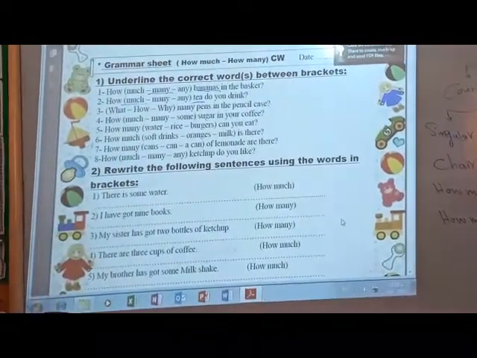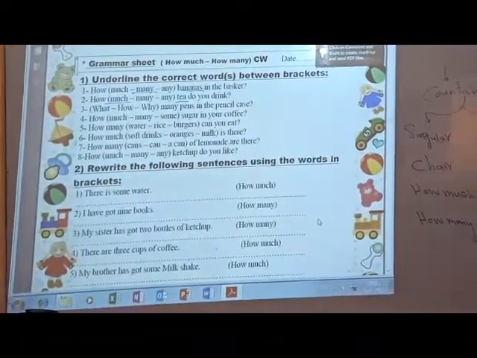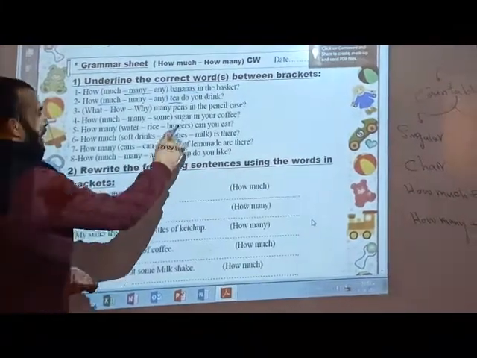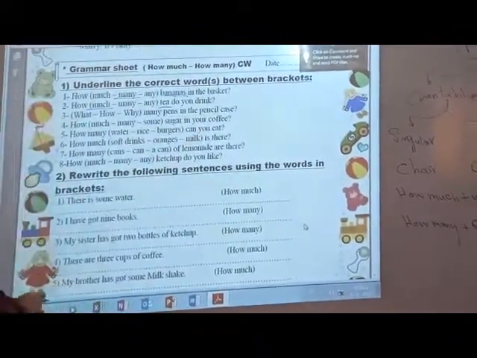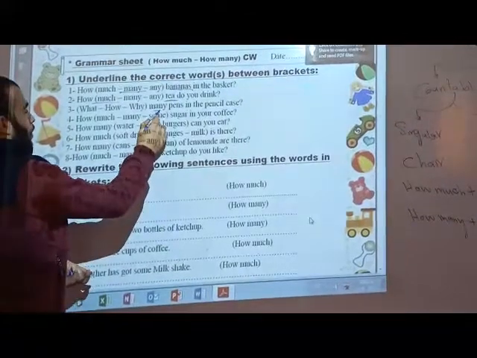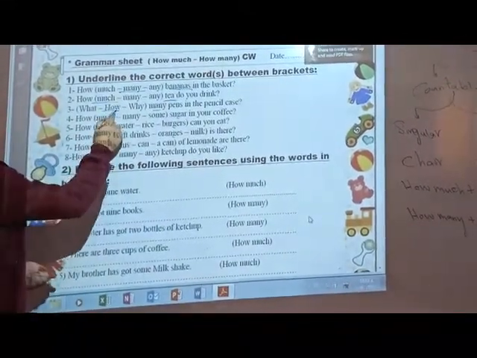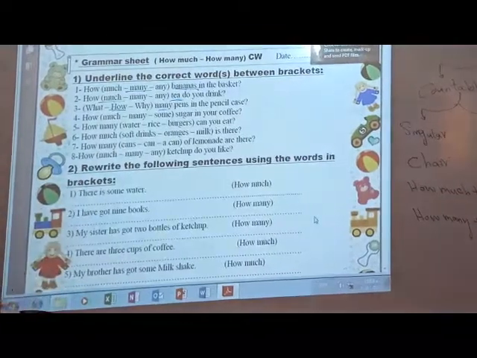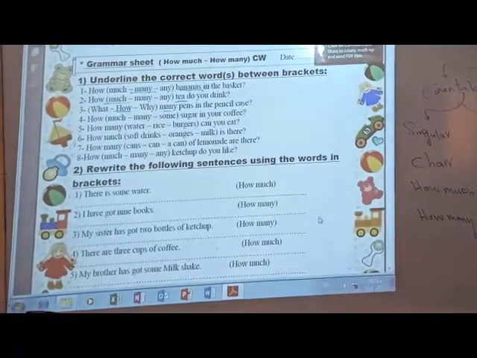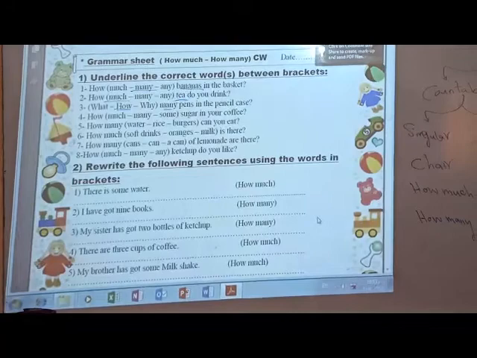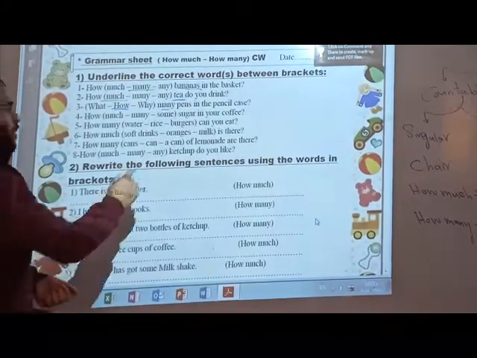That's right. Number 3. Many pens in the pencil case. So with many we use the question words how many. How many pens in the pencil case? Number 4. Sugar in your coffee.